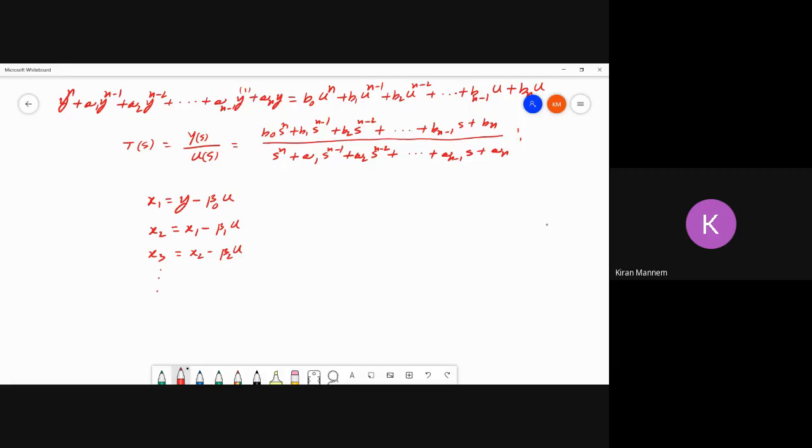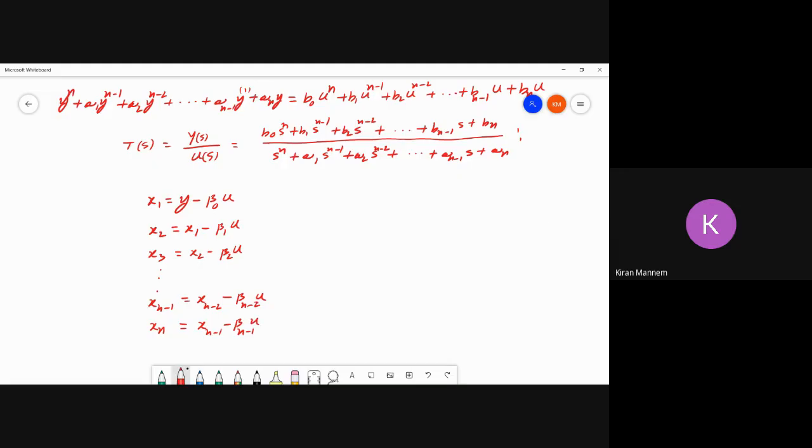So that's how you can take it. Since it is x3 and x2, x n minus 1 would be x n minus 2 minus beta n minus 2 into u. So what would be the last term? xn, the last state variable, would be xn minus 1 minus beta n minus 1 into u.